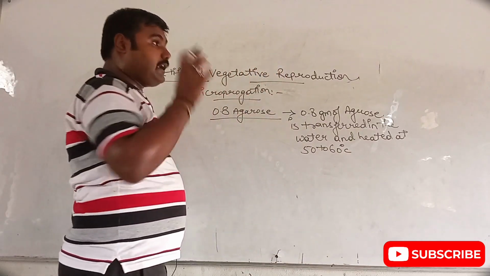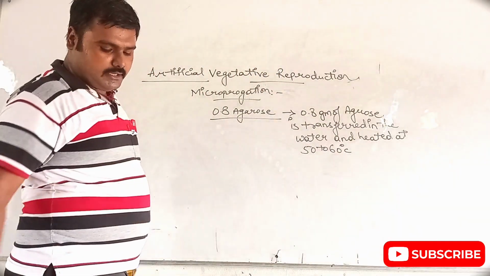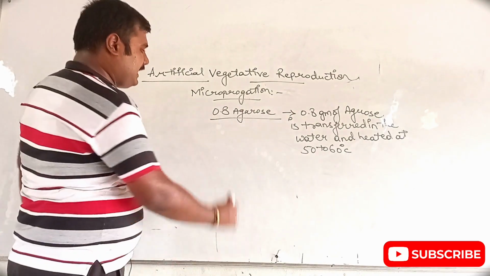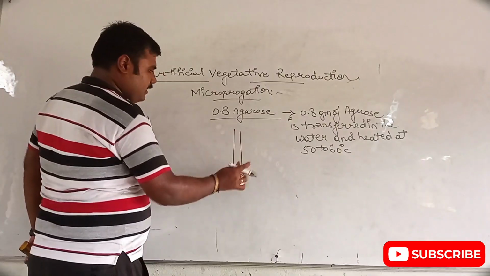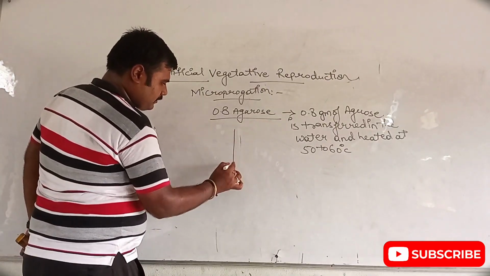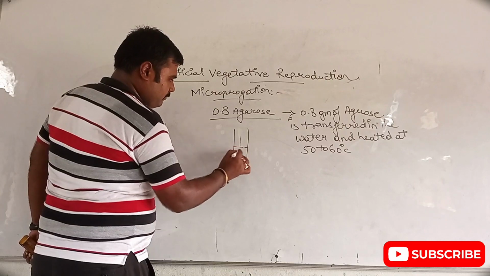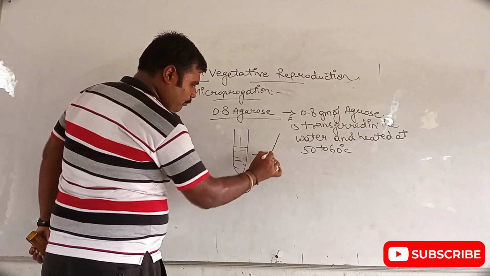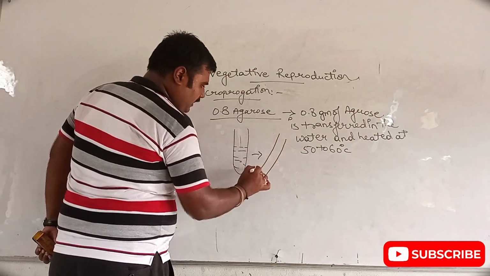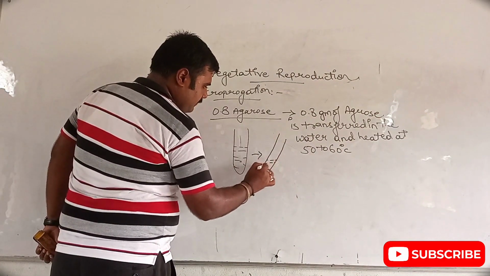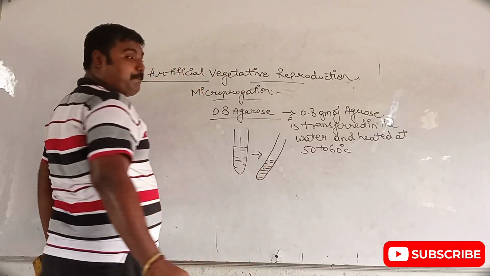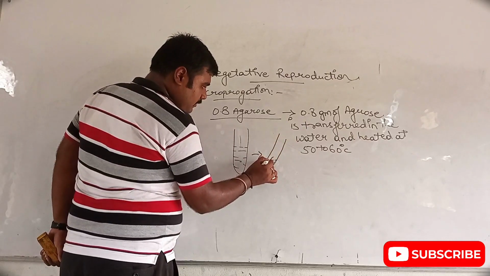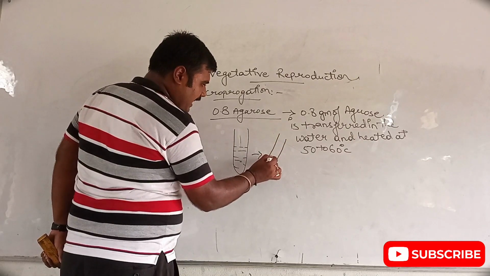The agarose will completely melt in the water. Once the agarose is completely melted in the water, it is transferred in the test tube. The test tube is then bent at a 45-degree angle, and the part which is to be developed is placed on this agarose solution.